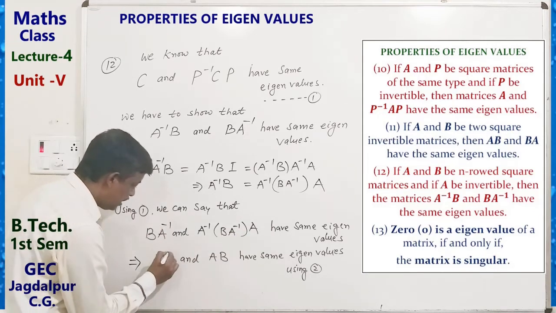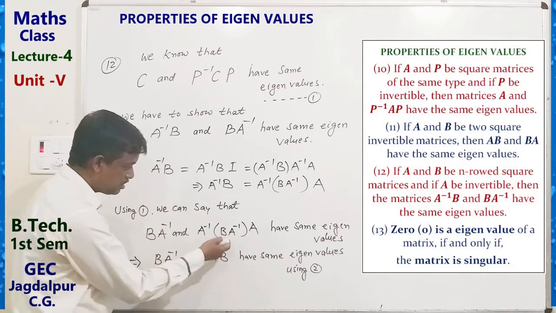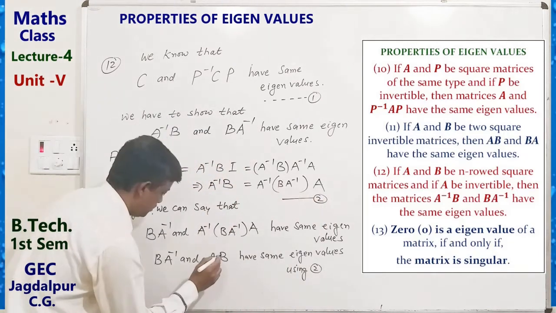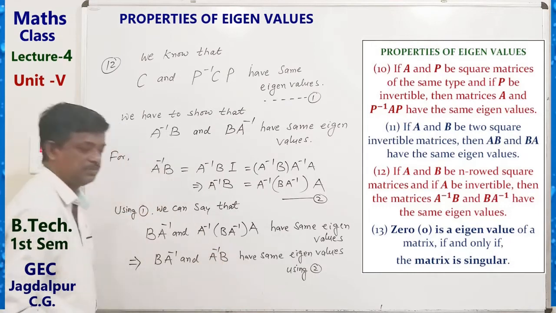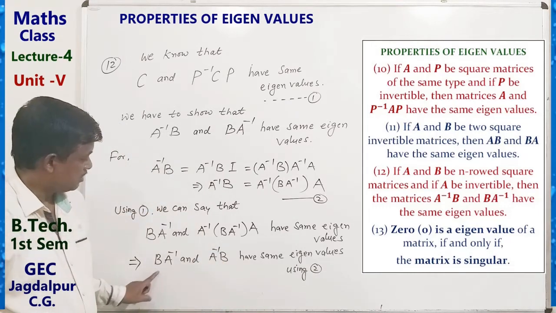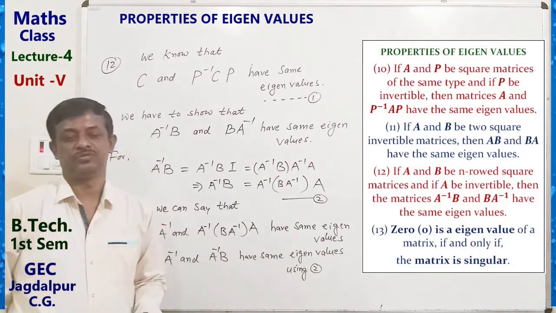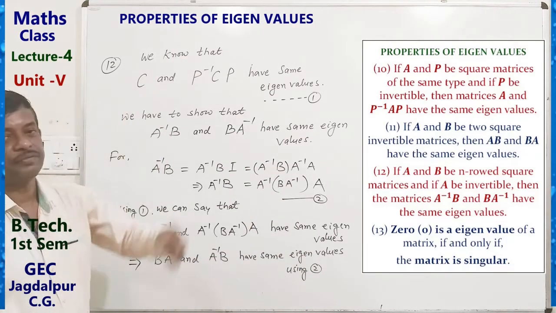This implies B A inverse and A inverse B have the same eigenvalues using 2. So this is property 12.